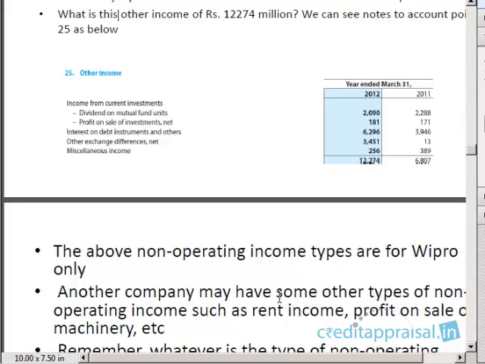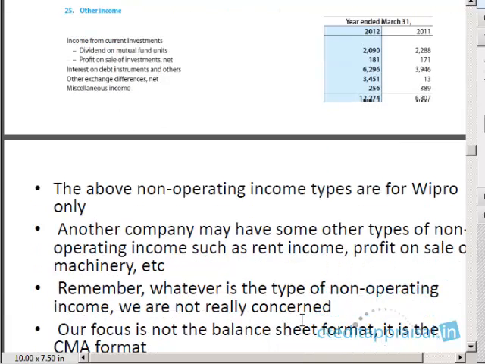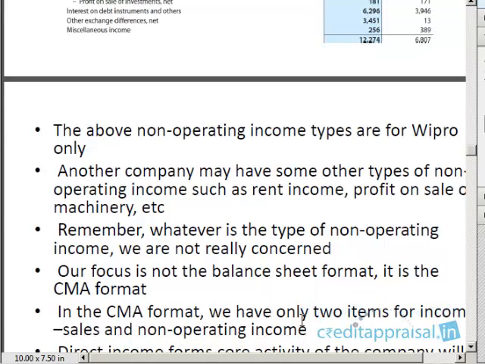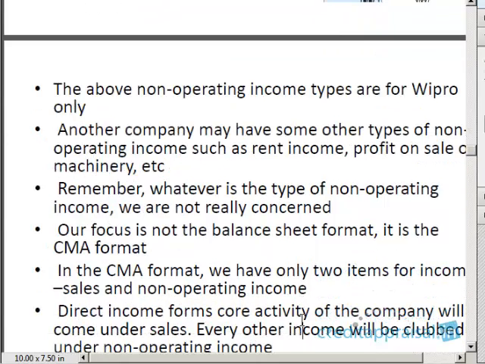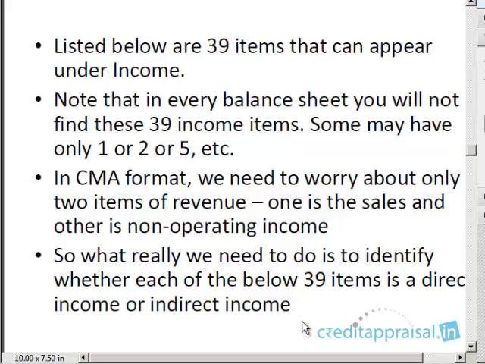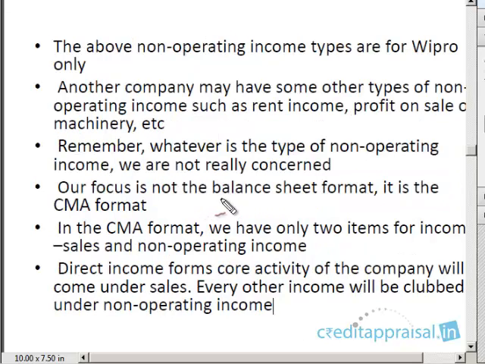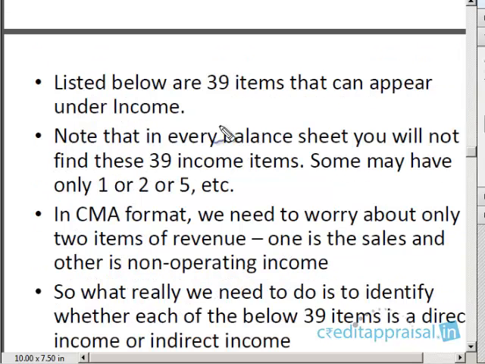So what you have to understand is that whatever might be the type of non-operating income, what we are basically concerned with is the total value. We're not concerned with the individual breakup, because in CMA data what we are basically interested in is what is the operating income and what is the non-operating income, sales and non-operating income. Basically these are the two major income heads we are interested in. So what we'll do now is list down some 39 items.